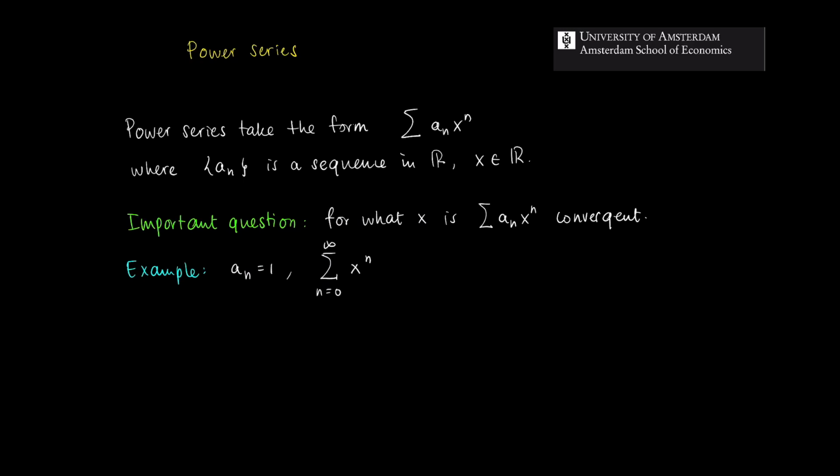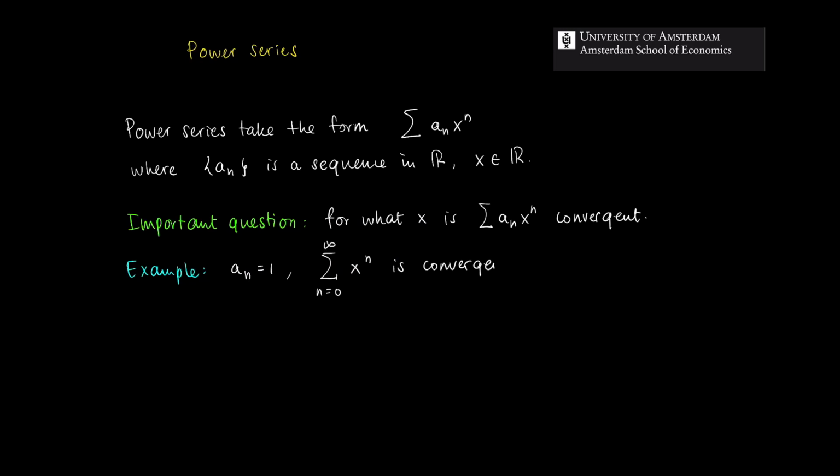We see that all the elements, a_n, are equal to 1. So this is the resulting power series. And we may ask the question, for what x does the sum from n is 0 to infinity of x^n exist? Well, we know what this is, right?